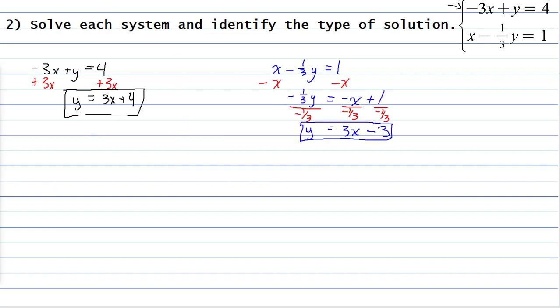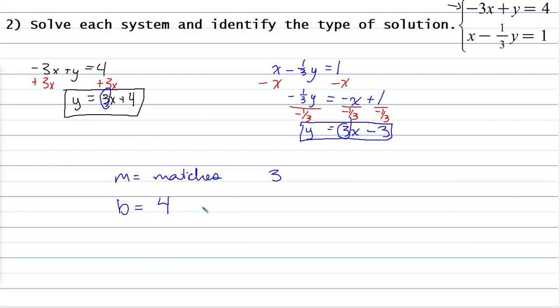You should have had for the second one, y equals 3x minus 3. So we now need to identify what we have. We have to find our slopes. Do they match? And our m matches. They're both 3.